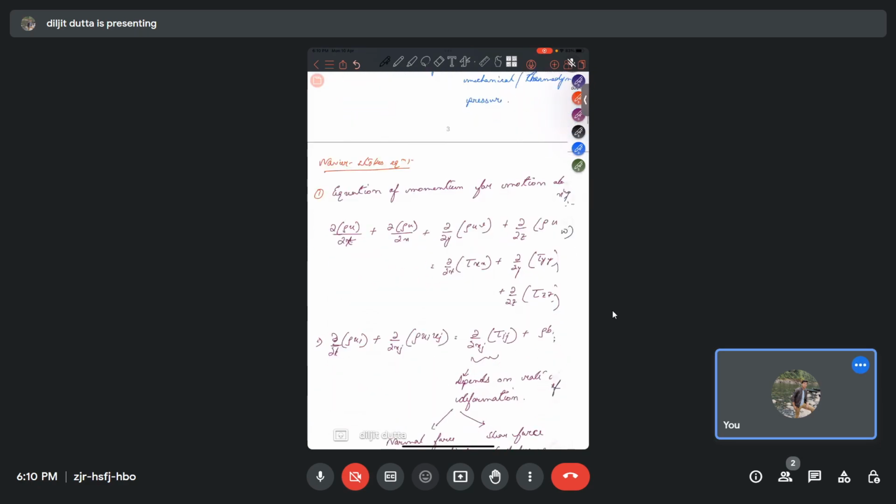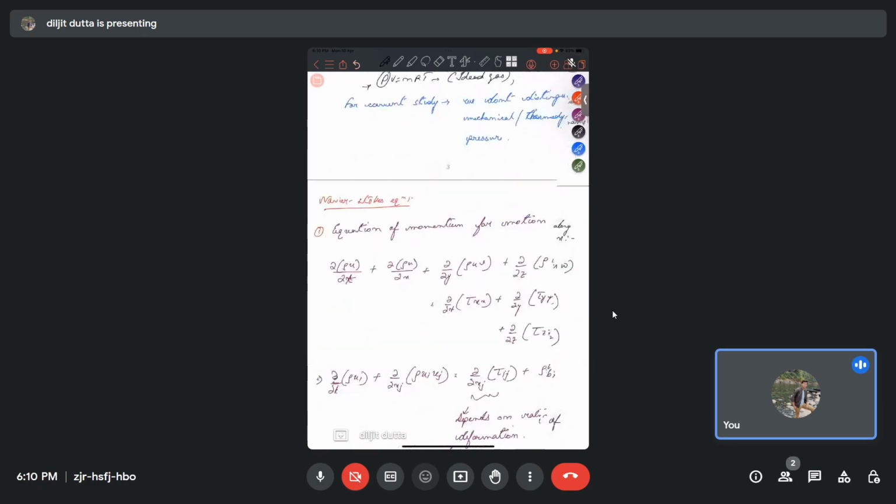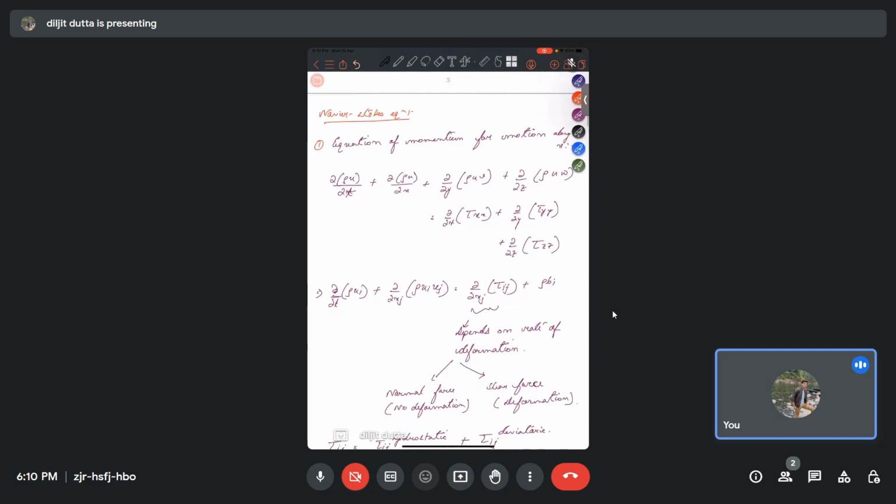So with these assumptions, let us proceed to the Navier-Stokes equation and its derivation.